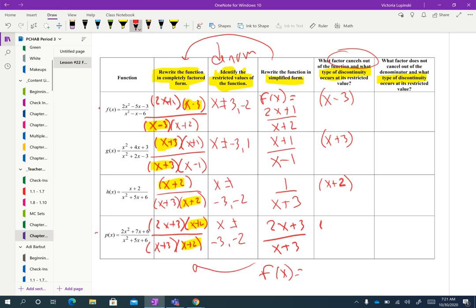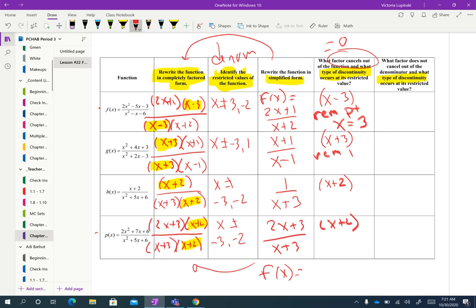And we're talking about x plus 2 in the fourth case. If from this point forward you have a factor that cancels out, that is always going to be a removable point discontinuity at whatever value of x would make that factor 0. So if you were to set the factor equal to 0 and then solve, you would get x equals 3 in the first case.